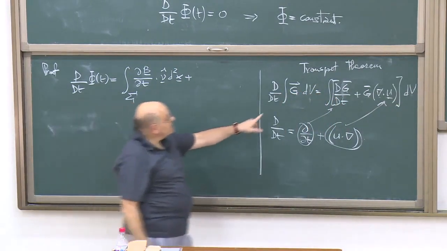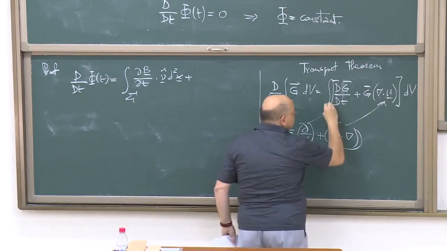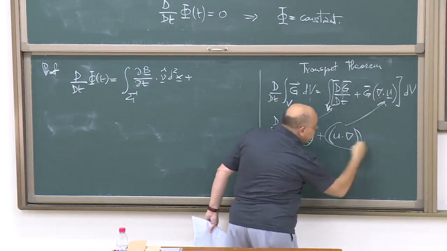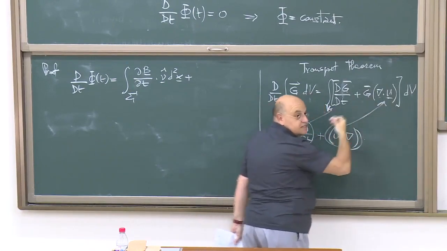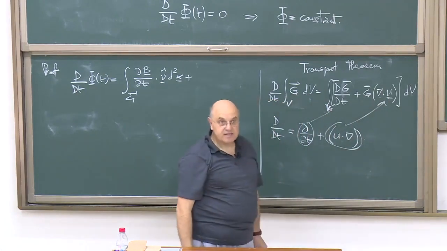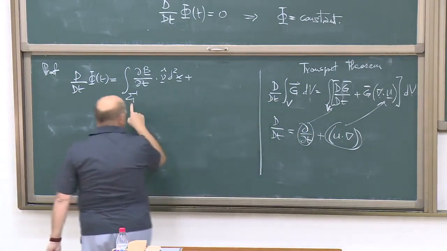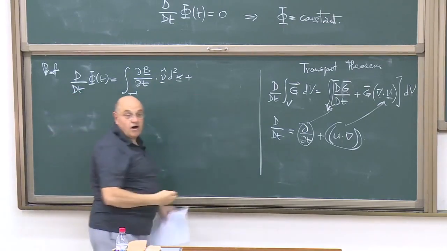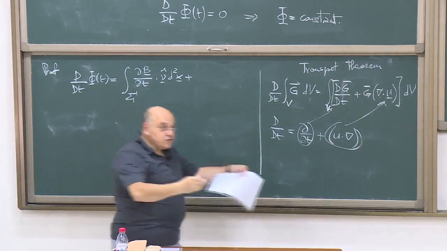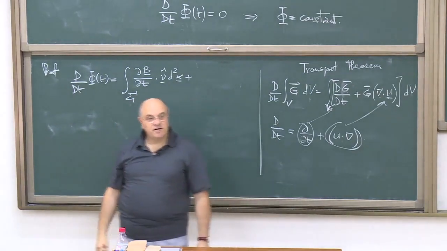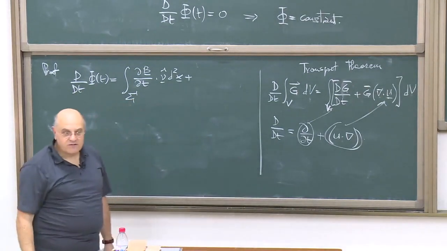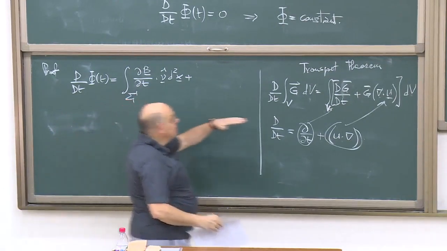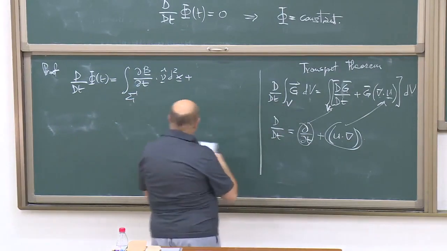Now, here I start from a volume, and I told you that part of it will be done in terms of a surface. So here I start from a surface, and I have to take care of the flux through the boundary of the surface, which is the contour of the surface, one dimension less than this, if we are in R3.